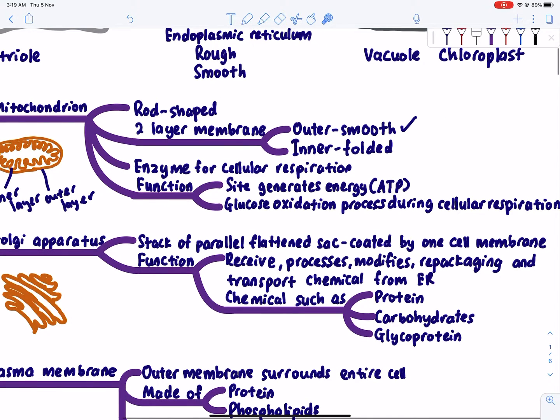What happens is the glucose oxidation process during cellular respiration. Cellular respiration oxidizes the glucose. What is the meaning of oxidation? If I'm not mistaken, you learn this in chemistry, the oxidation and also the reduction process.